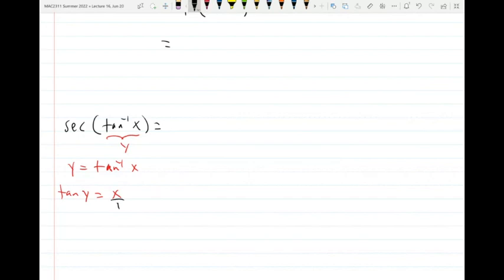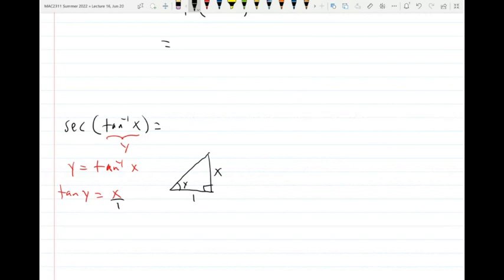So you can think of this as x over 1, right? Because x equals x over 1. So this allows me to draw a triangle in which the angle here is y, and y is an angle, right? And remember, tangent is opposite over adjacent. So this is a triangle in which this side is x and this one is 1. Do you understand this?